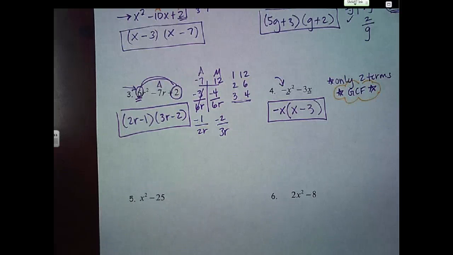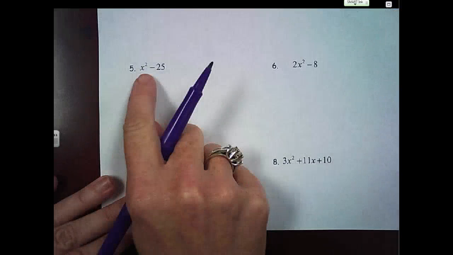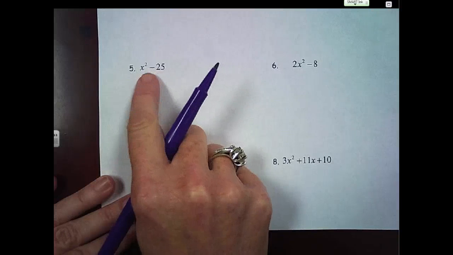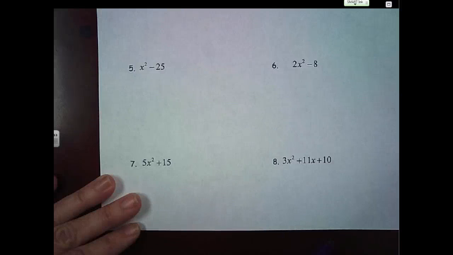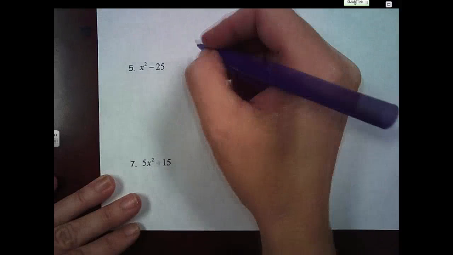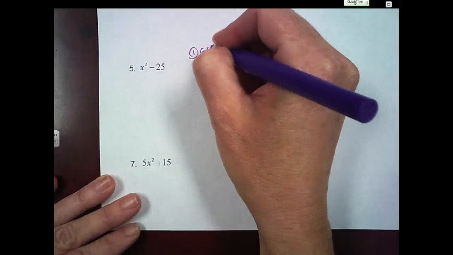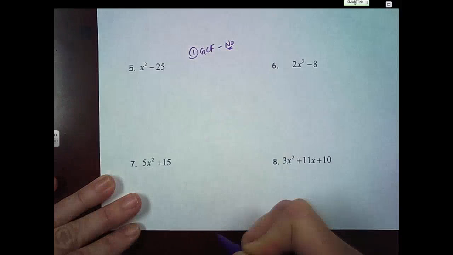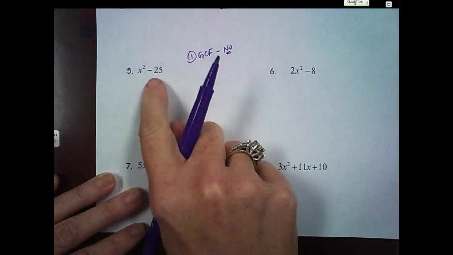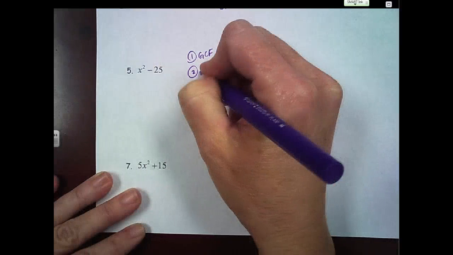Go to the next one, number 5. Remember I told you it only has two terms, x squared and 25, so you're going to look for a GCF first, okay? Is there a GCF? Do they have something in common? Nope, they don't. So when you only have two terms, the other thing you want to look for is perfect squares.